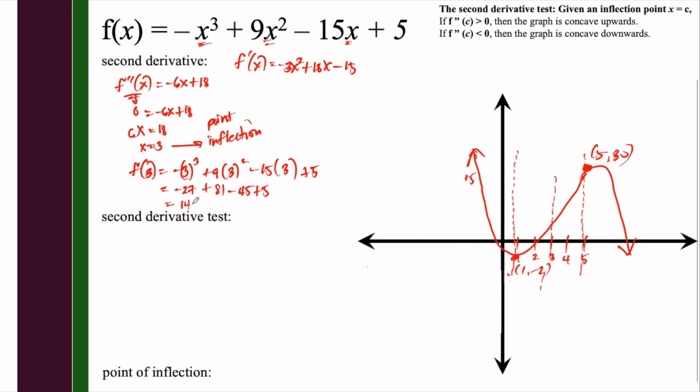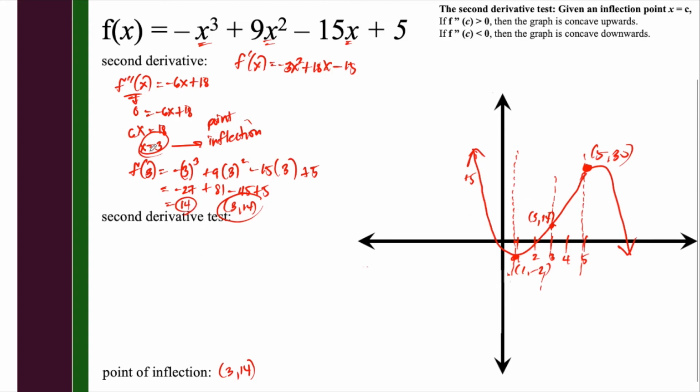That is 14. So we have a point of inflection which is 3, 14. Again, the point 3, 14 is the part of the graph where the tangent line changes its direction from counterclockwise to clockwise or clockwise to counterclockwise.